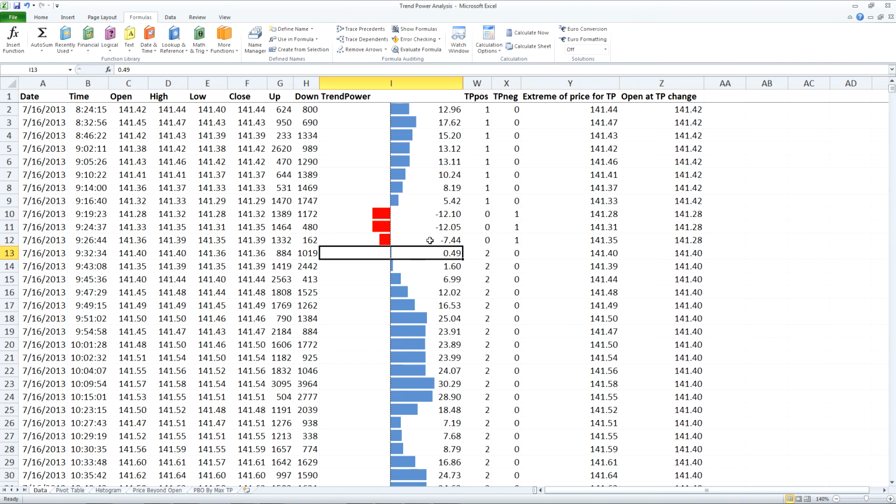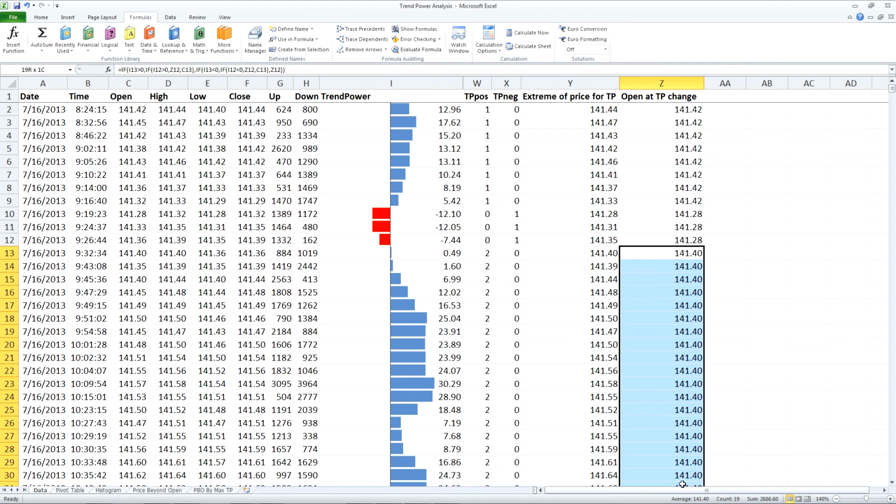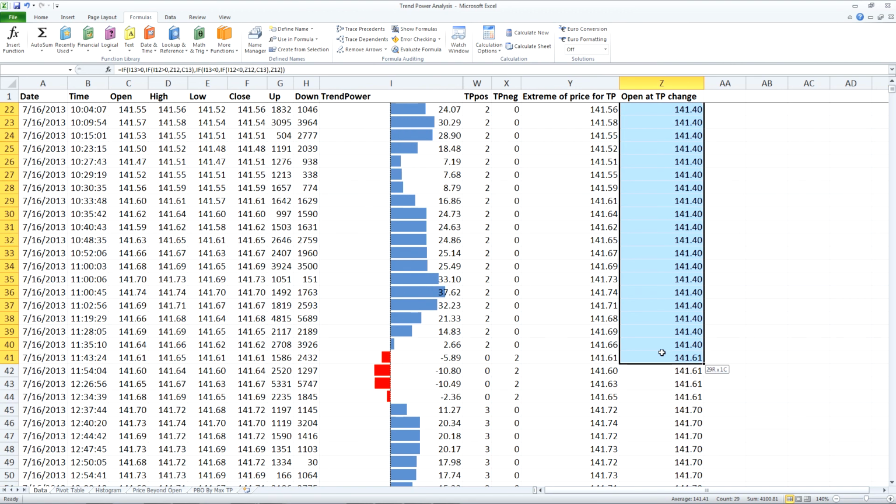And where it changes from negative to positive, it will do the same. So it finds the open at that point and copies it down, and this is a larger swing, and it goes all the way down to here.